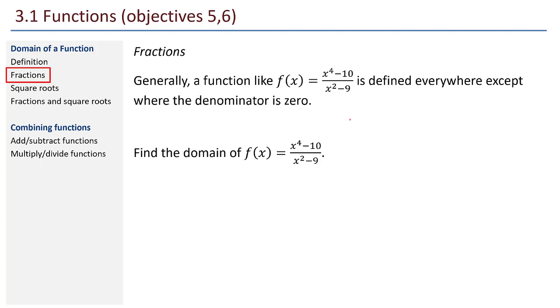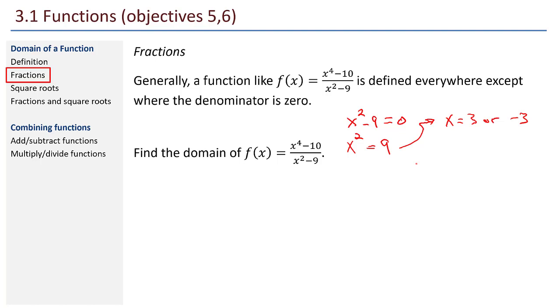So I might do a little calculation. I say to myself, x squared minus 9 equals 0. So I'm trying to find the bad points. Alright, so x squared equals 9 by adding 9 to both sides. And so we find x equals 3 or negative 3. So those are the two values that make the denominator 0.